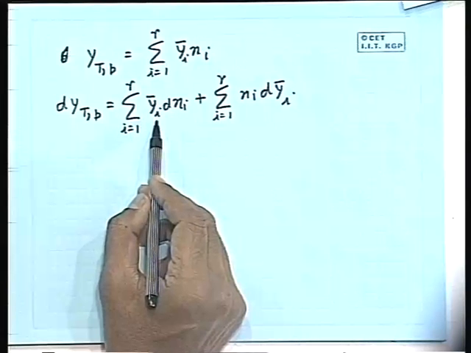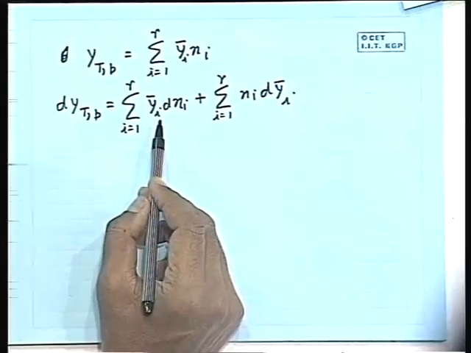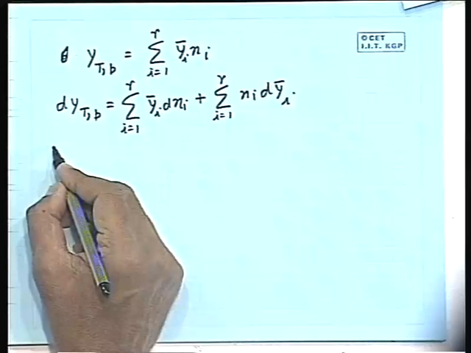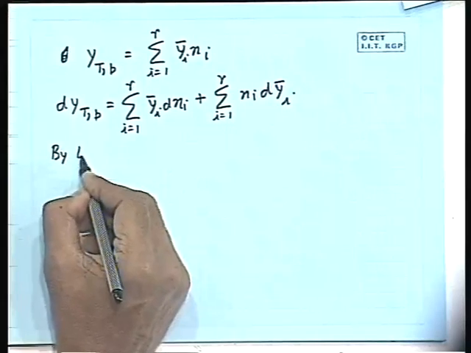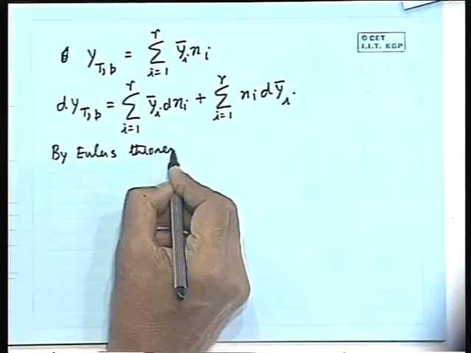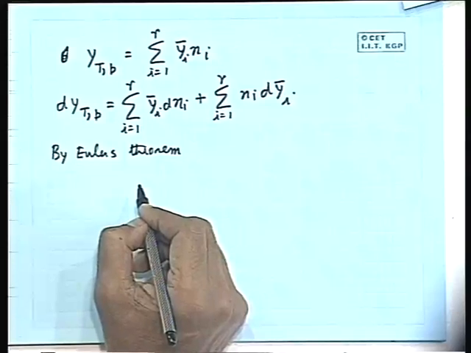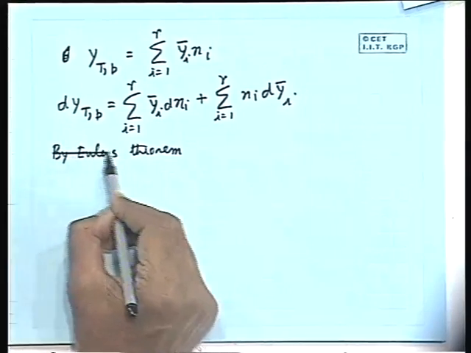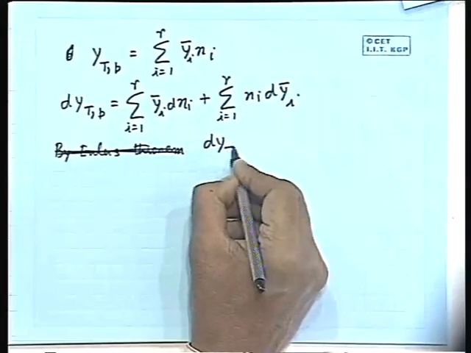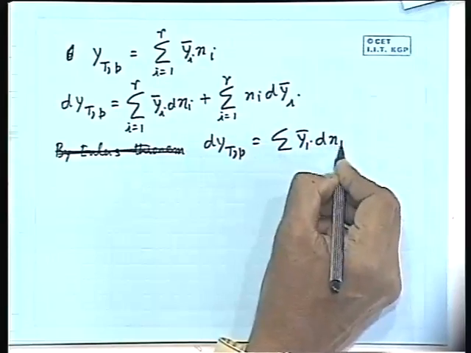Now, by Euler's theorem, we can write one very important thing. But before that, earlier we derived that dY at T and P is sigma Yi dNi at constant temperature.